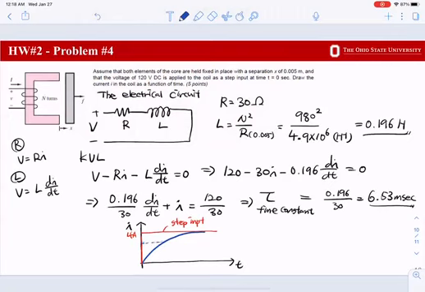The time constant tau is 6.53 millisecond. This is the point at 63.2% at tau, so it should be 2.53 ampere at this point. So this is the answer for problem 4. Thank you.